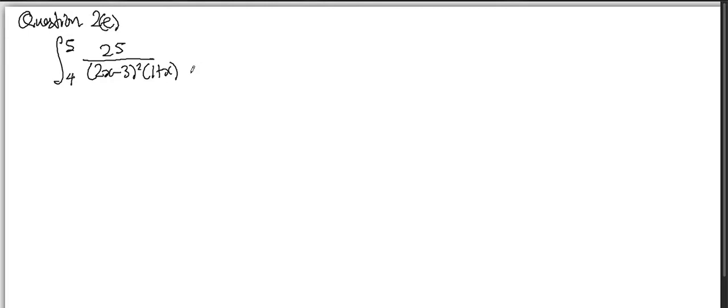Okay, so if you have a repeated factor and a linear factor together, I can break that into three factors, because 2x minus 3, and then 2x minus 3 squared, and then 1 plus x. So you have three factors. So let's break that.